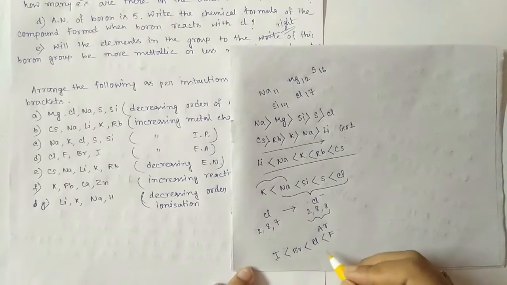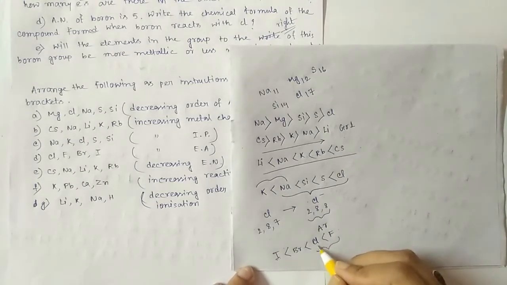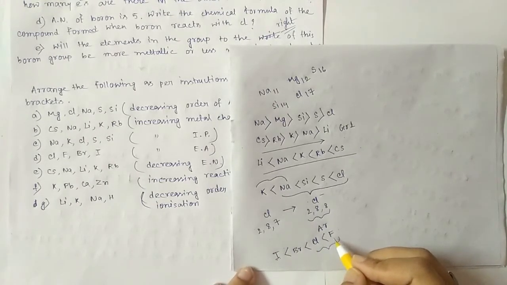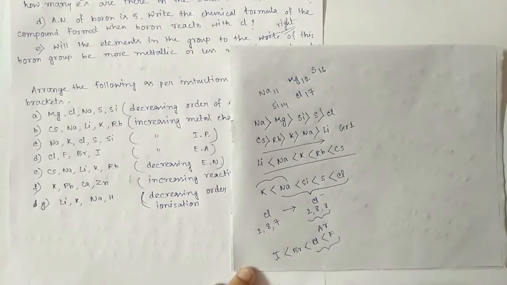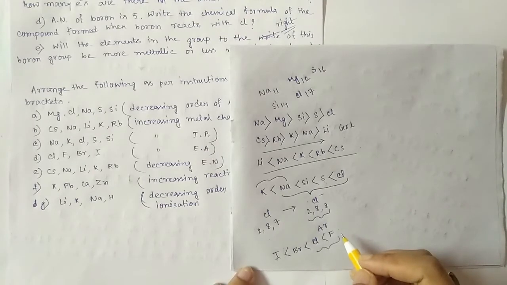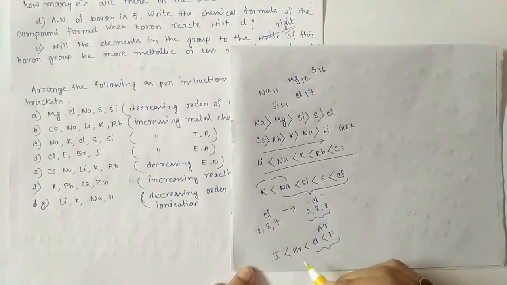But one thing you must remember about these two elements: fluorine has a greater effective nuclear charge than chlorine, bromine and iodine, so it will have a smaller size than the other atoms. Due to its small size, it cannot release high energy.